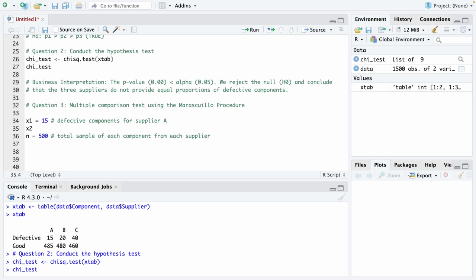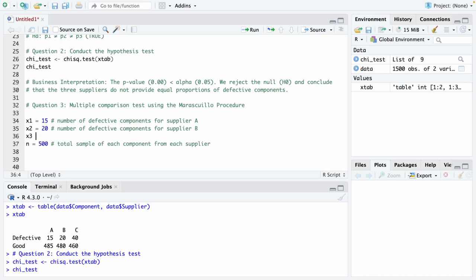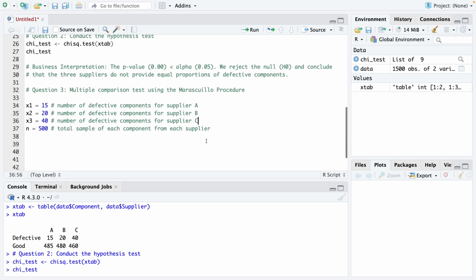Then my x2 will be 20, so that's supplier B. Then x3 is 40, so that's C.